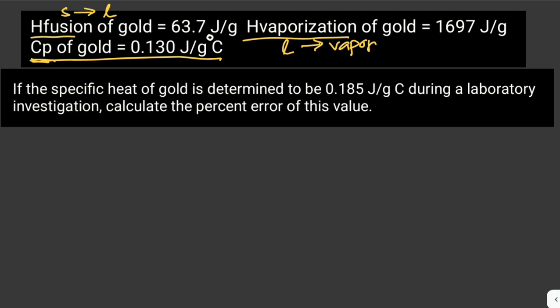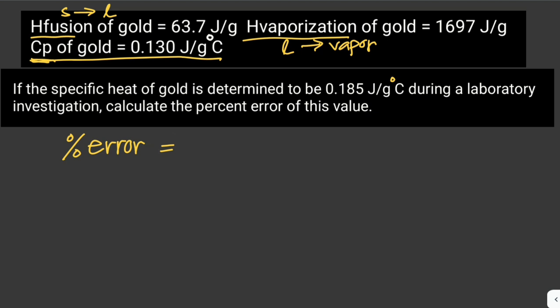If the specific heat of gold is determined to be 0.185 joules per gram per degree Celsius during a laboratory investigation, calculate the percent error of this value. So how do we calculate the percent error?